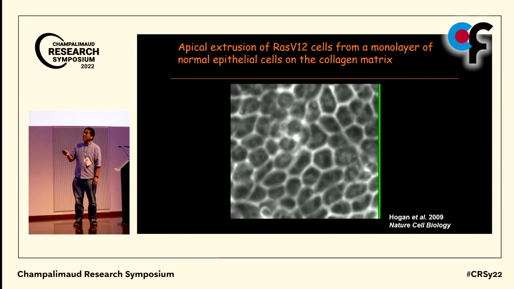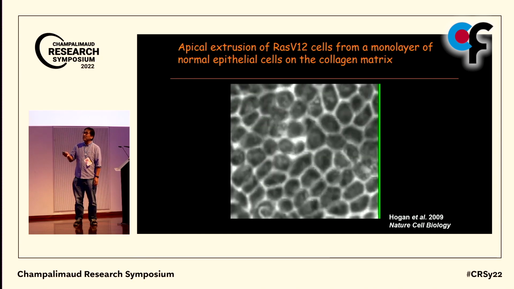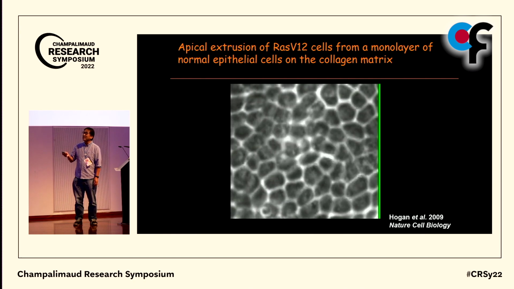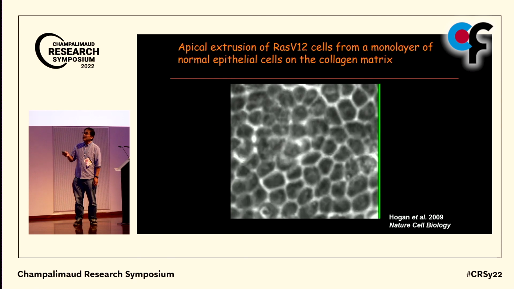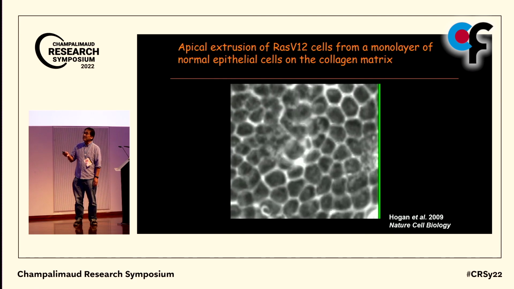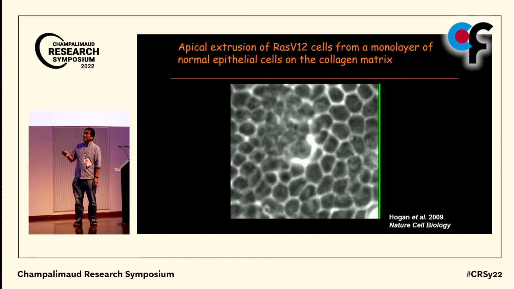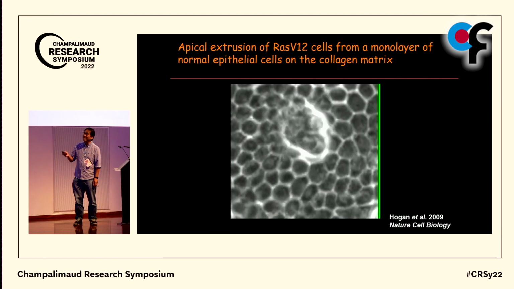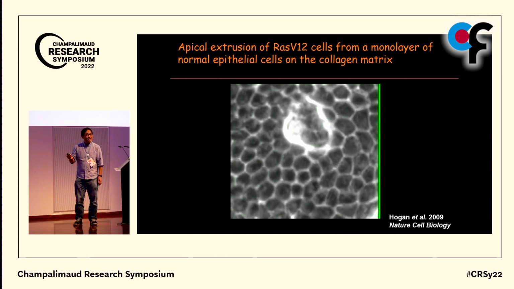These two are RAS-V12 cells, and the others are normal cells. They now divided, 1, 2, 3, 4. Only these 4 are RAS-V12 cells. Still looks okay, but gradually they change their morphology.